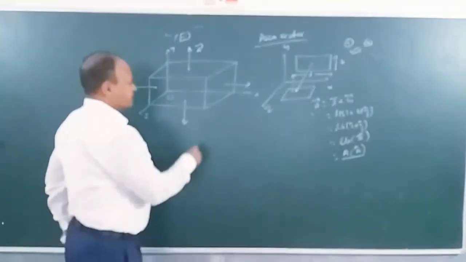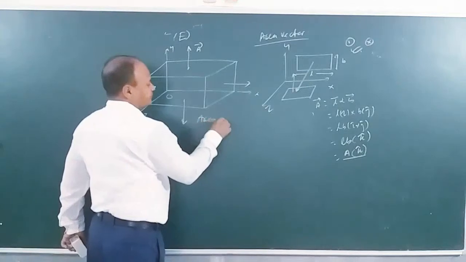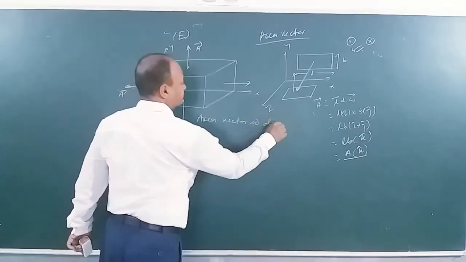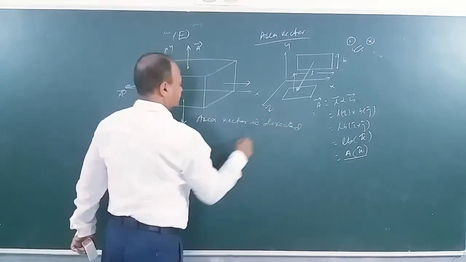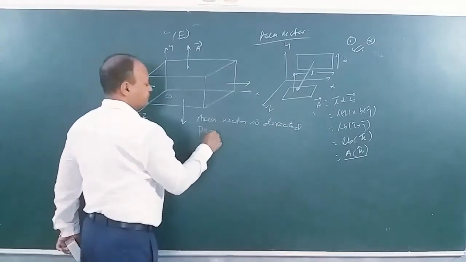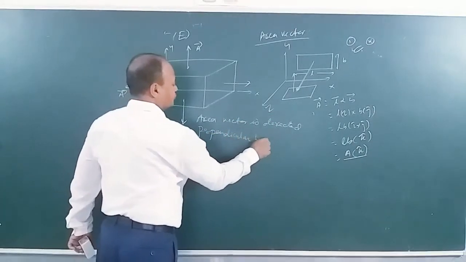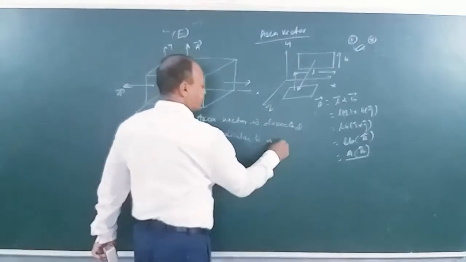Clear? So the area vector is directed perpendicular to a given surface area.